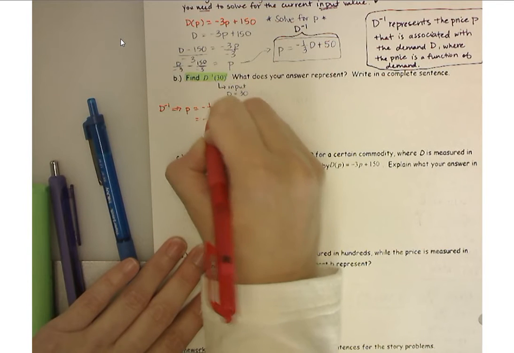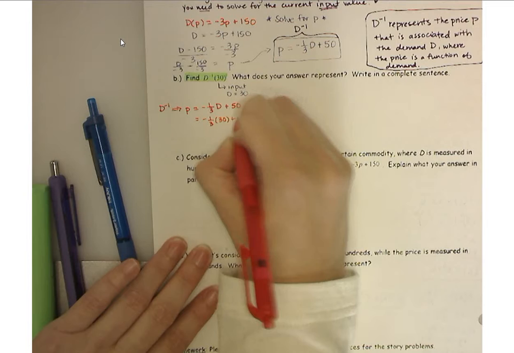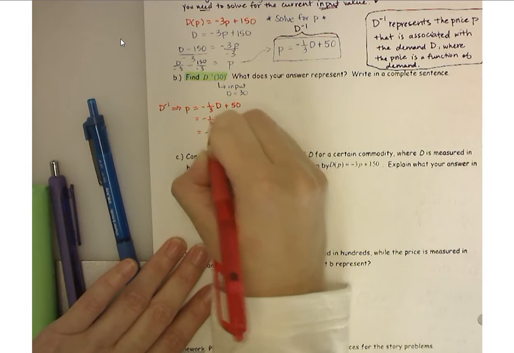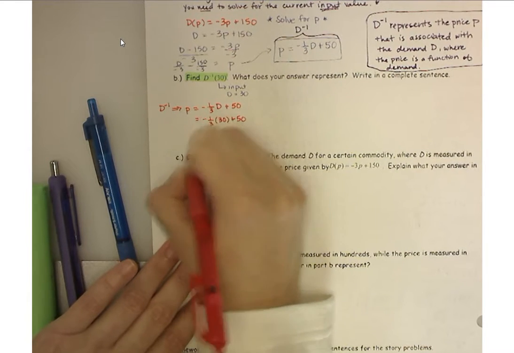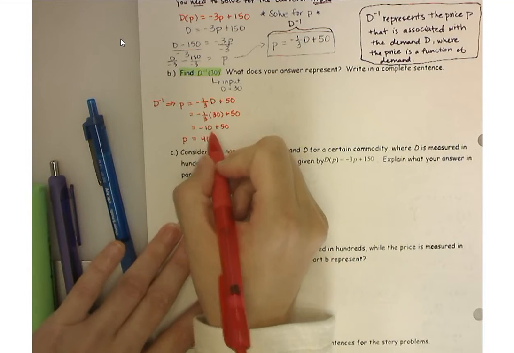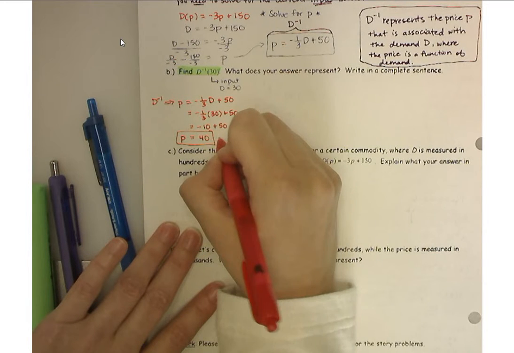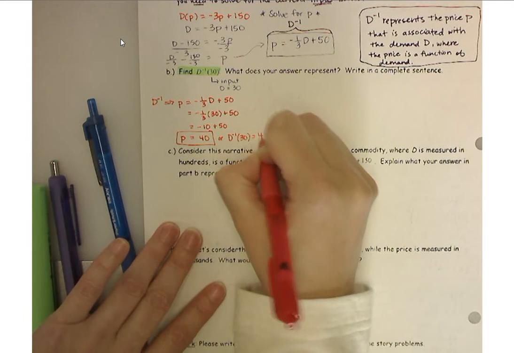So I'm just going to substitute in 30 and solve. 30 times negative 1/3 would be negative 10, so I would get 40. So you can say that P is equal to 40, or the D inverse of 30 is equal to 40.